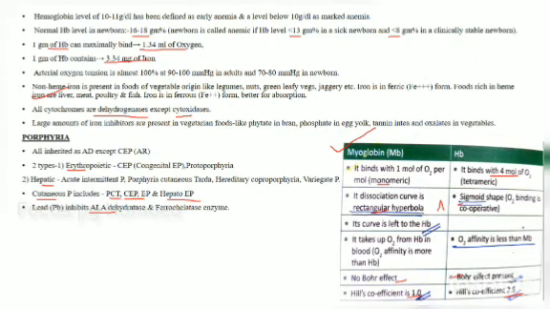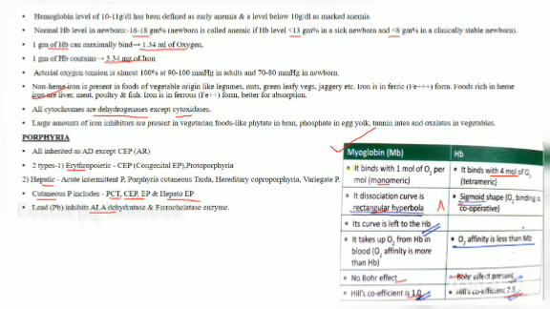It is of basically two types, erythropoietic and hepatic. Erythropoietic one has congenital erythropoietic porphyria or protoporphyria. Hepatic one has acute intermittent porphyria, porphyria cutanea tarda, hereditary coproporphyria and variegate porphyria. Next is cutaneous porphyria.